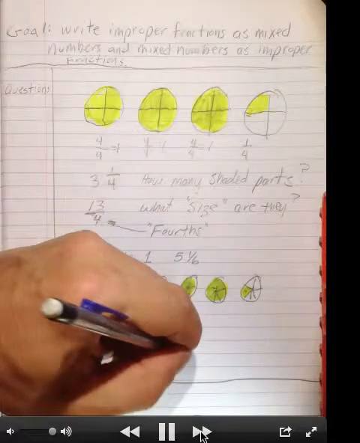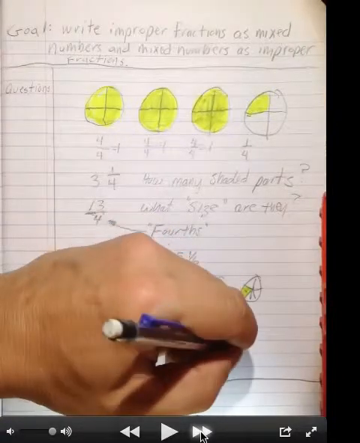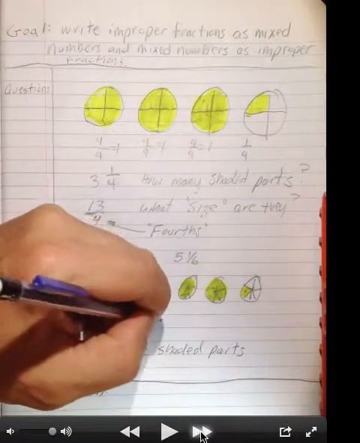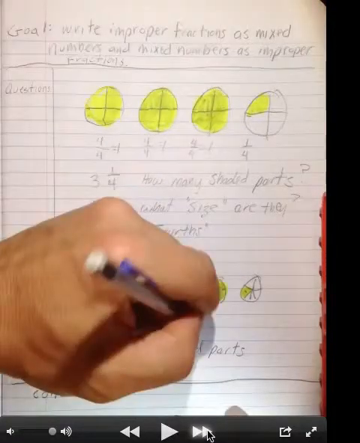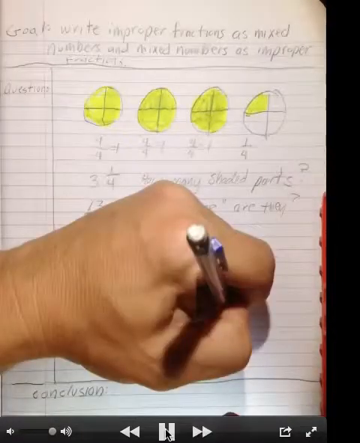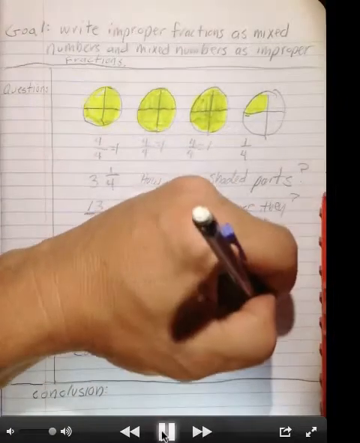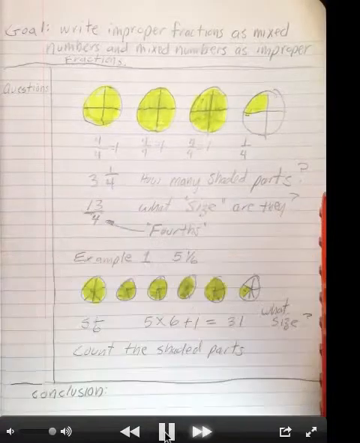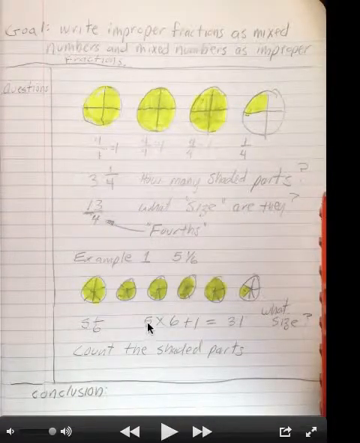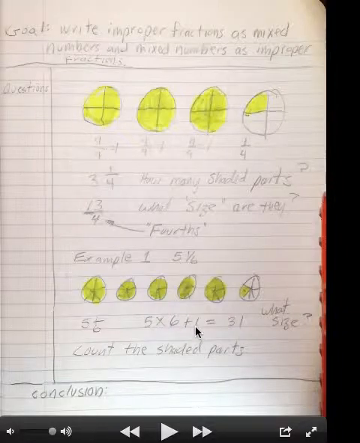Now to change this to an improper fraction, we need to count up the parts. So how many parts are there? So I count up the parts, or I have a shortcut to counting up the parts. There are 5 circles with 6 parts. One of the circles has only 1 part shaded.